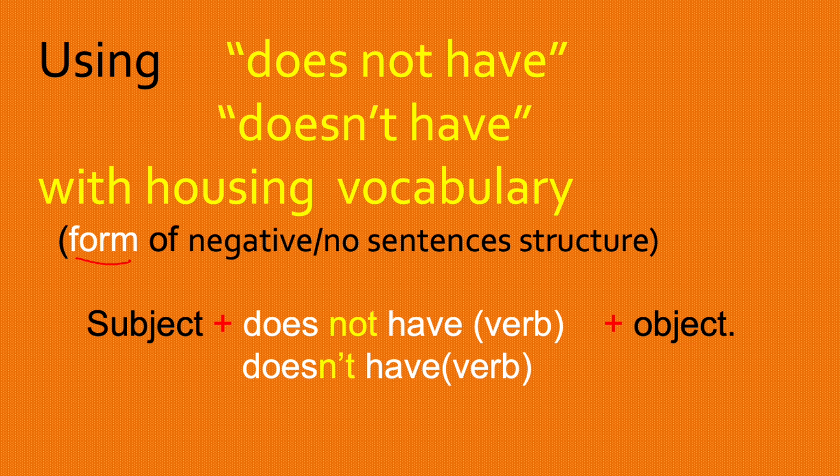The form is how to write this sentence. We need to write a subject, then does not have. It's the verb of this sentence, and the object, the rest of the sentence. Let's see how you do that.